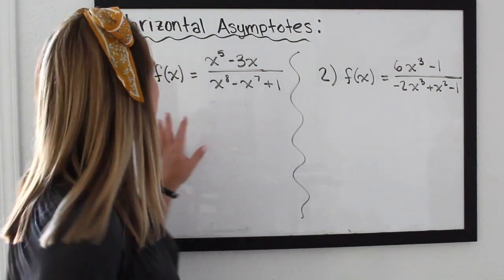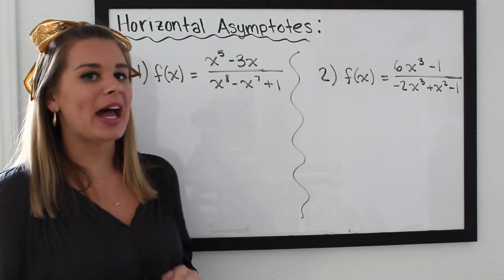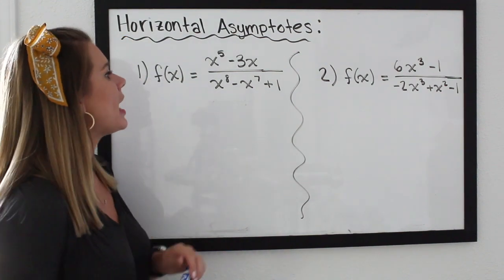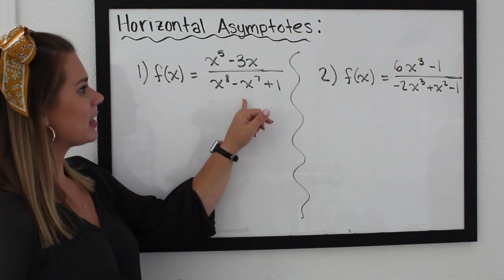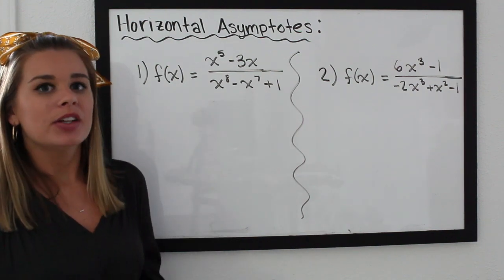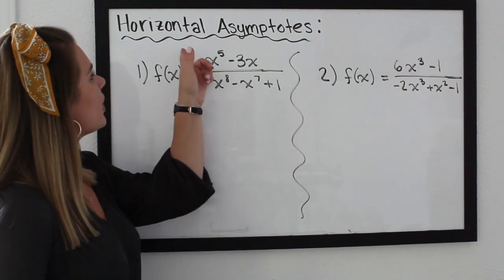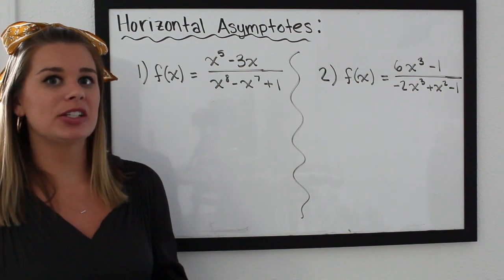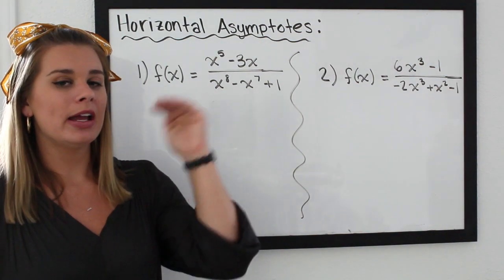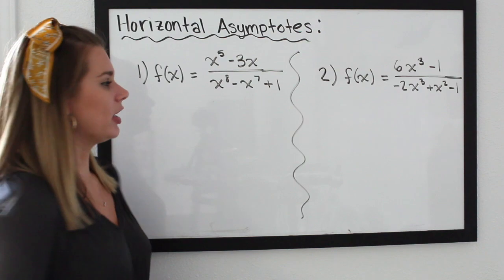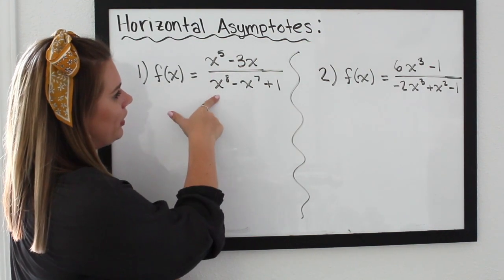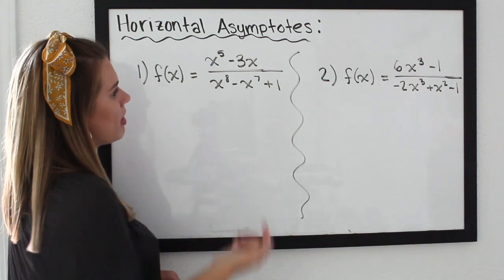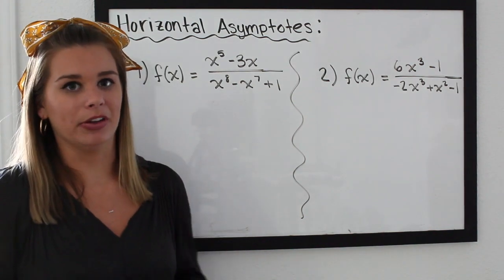The first example is f of x equals x to the 5th minus 3x all over x to the 8th minus x to the 7th plus 1. So the way we determine if we have a horizontal asymptote is we need to know the degree of the numerator and the degree of the denominator. The degree of the numerator is 5 and the degree of the denominator is 8. Remember, it's the highest degree in a polynomial.